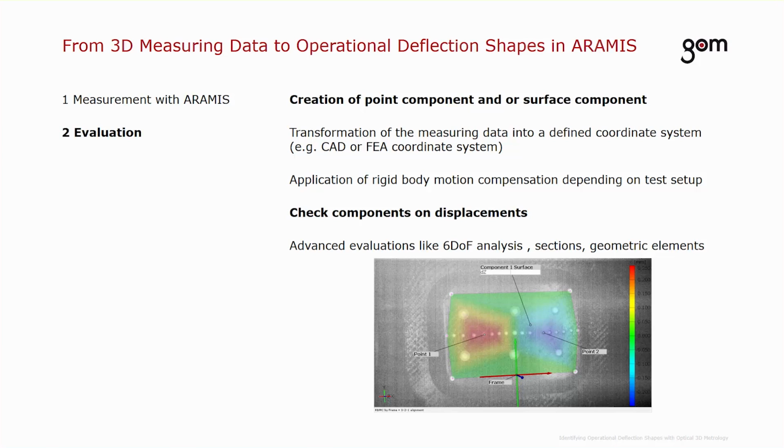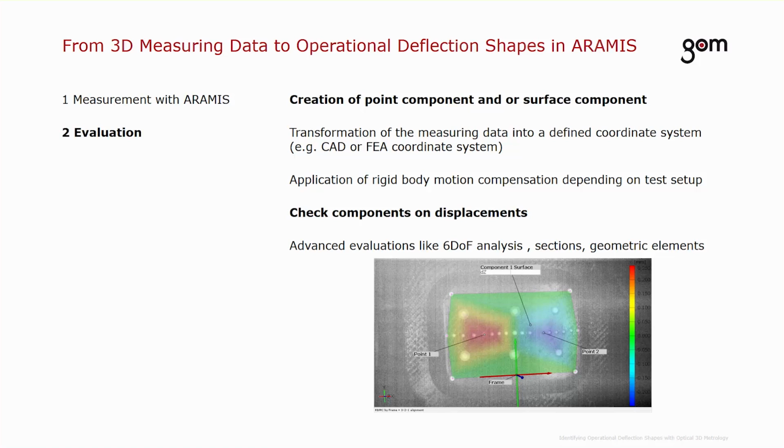So this is possible. Then we have to check our created software elements on the displacements, obviously, and this information we can then give on to other tools, vibration analysis tools.